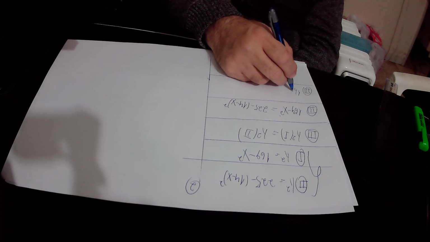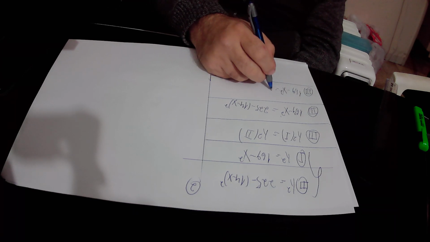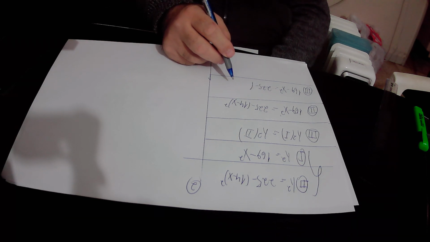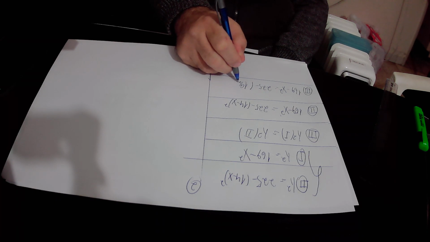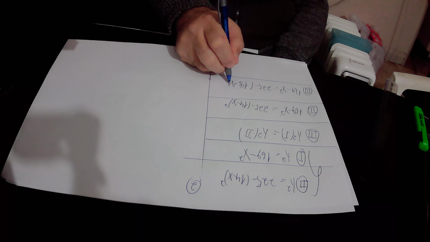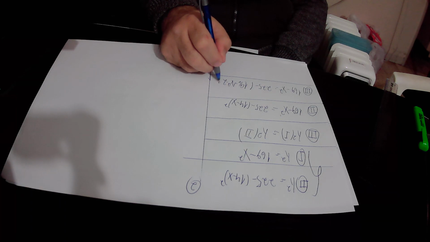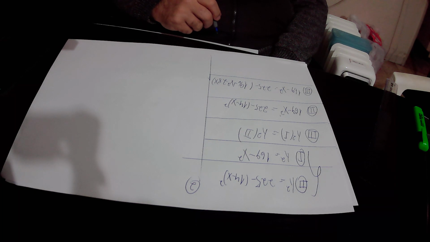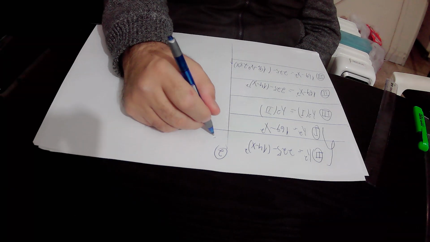So I actually found out that according to equation number 3, 169 minus X square equals 225 minus (14 minus X) square, and 14 minus X square is 14 square, that is 196, plus X square minus 2 times 14X, that is minus 28X.